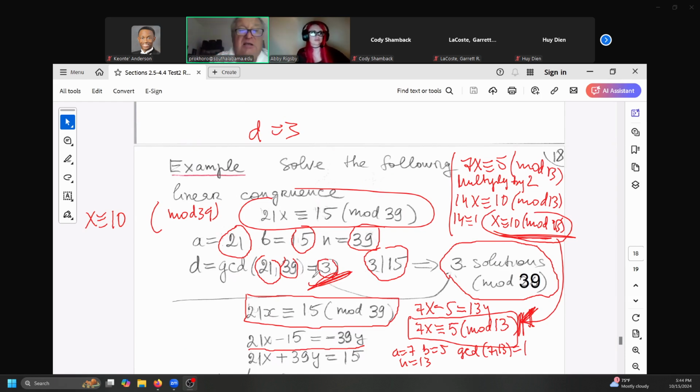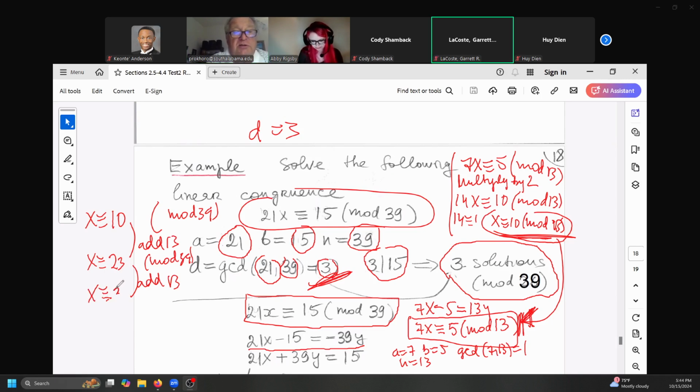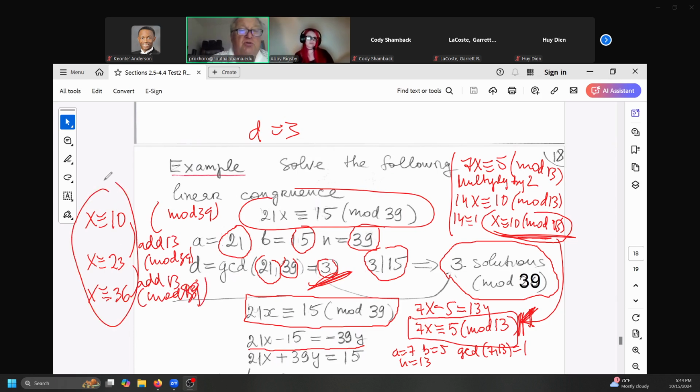We'll take 10 and we add 13. And what will we get? Next solution. X is congruent to, say it, 23 modulo 39. And then we add one more 13. So 23 plus 13, what will we get? 36. 36 modulo 39. So this means we'll get 3 solutions modulo 39, and 1 solution modulo 13.